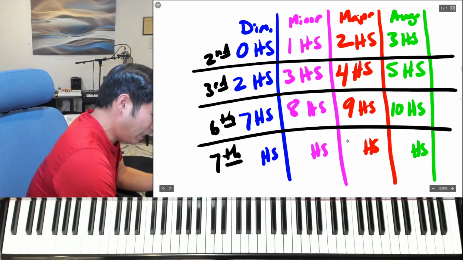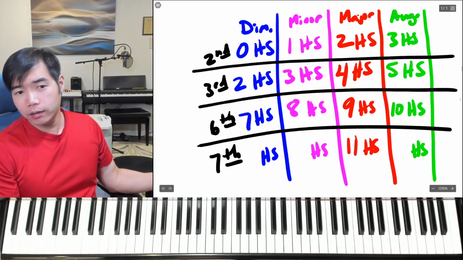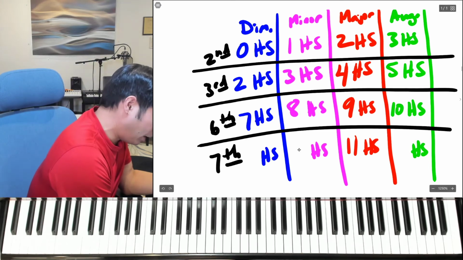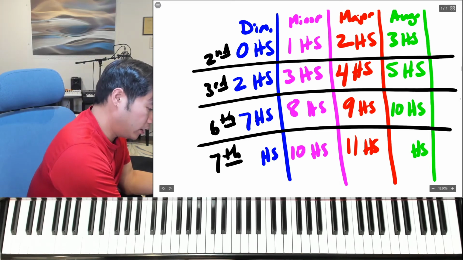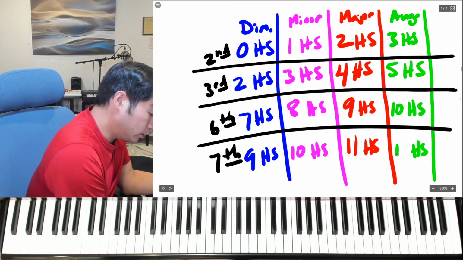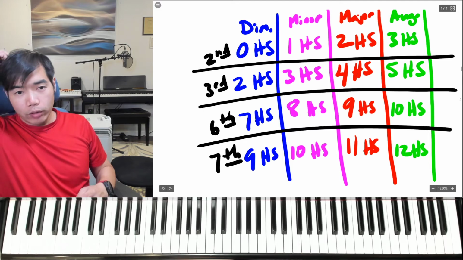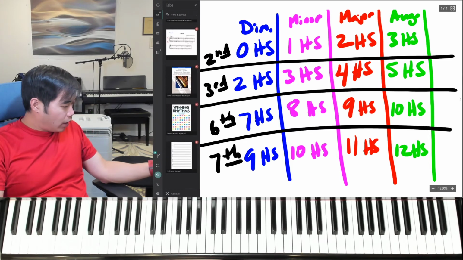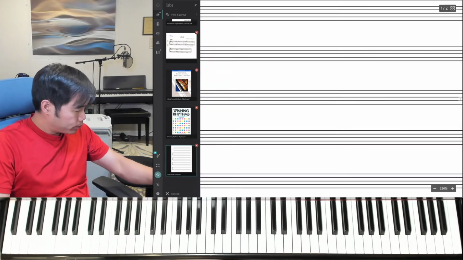So there are 11 half steps for a major seventh. If we make it minor, shrink it by 1, 10. Diminished, 9. Augmented, add 1, 12. 12 half steps. Let's look at what this looks like on staff paper.